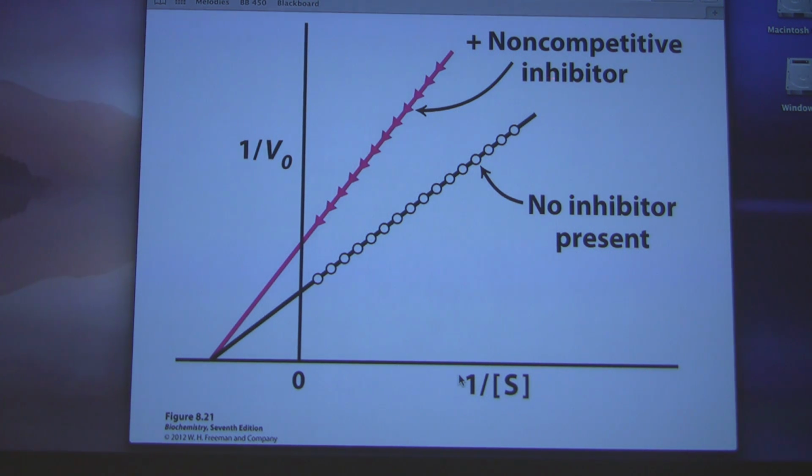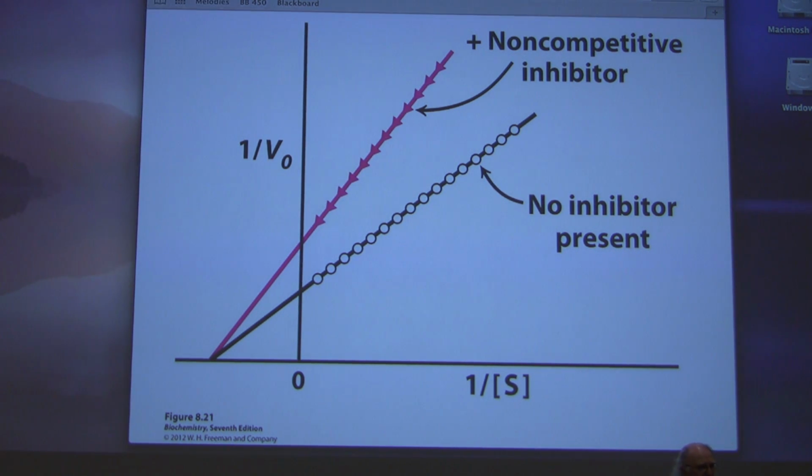You'll notice that the non-competitive inhibitor moves higher on the y-axis, 1 over Vmax, than the uninhibited reaction. And sometimes students find that confusing. But I remind you that we're plotting the reciprocal of the velocity on the y-axis. So since the Vmax of a non-competitive inhibition reaction is lower, 1 over Vmax will be higher. And that's why you see it looking like that.